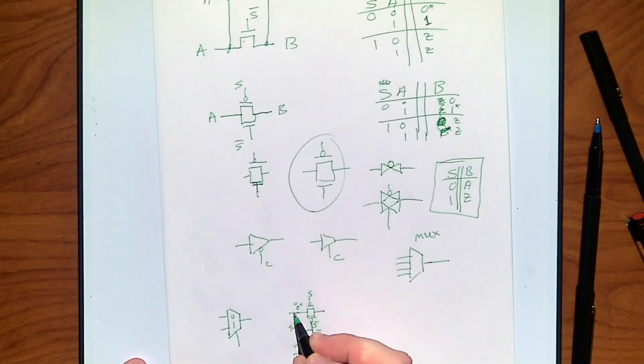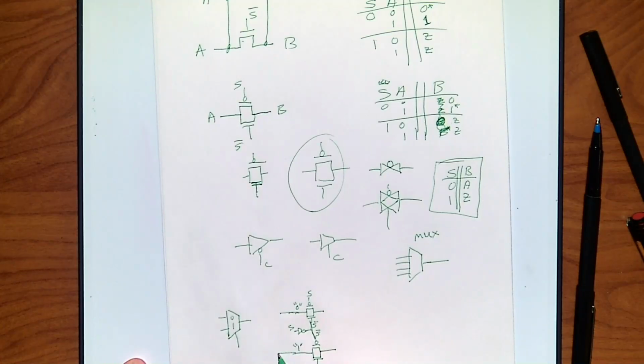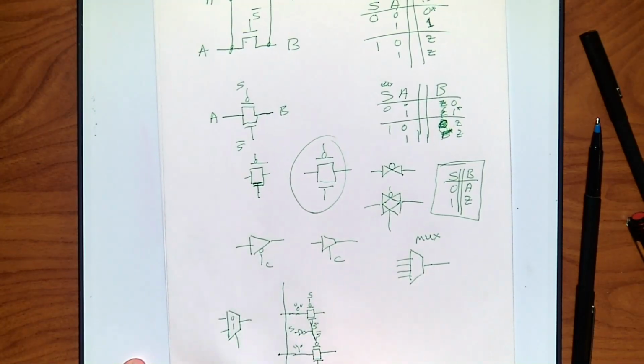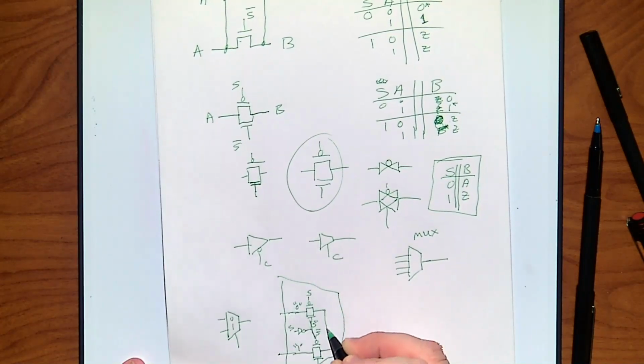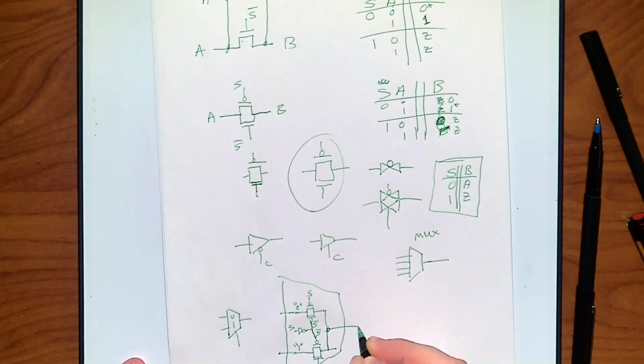And this now gives me my MUX. And I just hook these two together, and there's my output. Because they must be all at the same time.